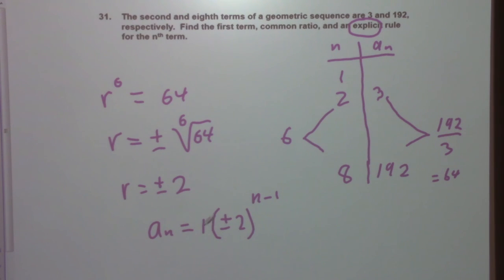And sometimes I've seen this written as the plus or minus kind of written out front. I like to write it like this because it shows that it could be either plus or minus and get you to the same place. Okay? So that is going to be 31.